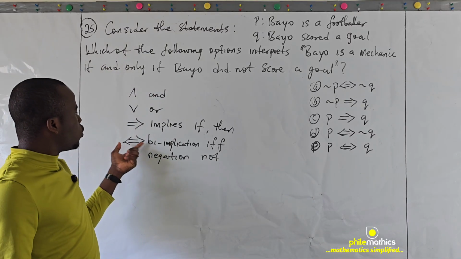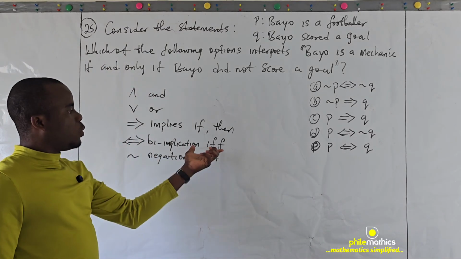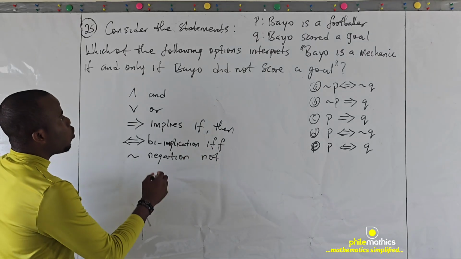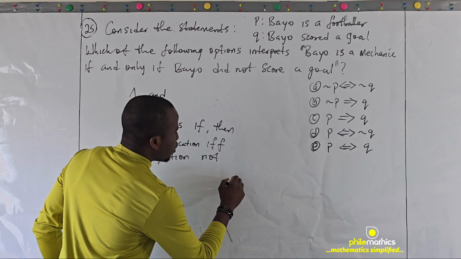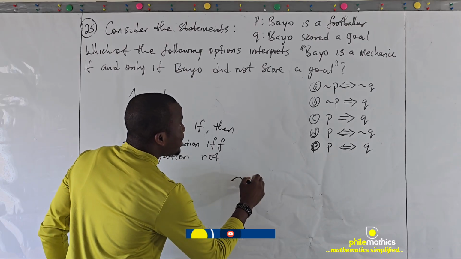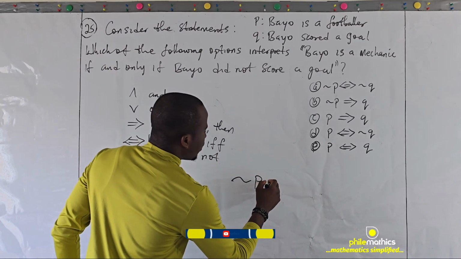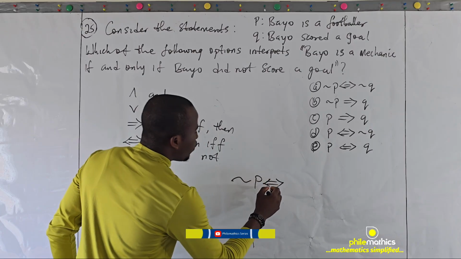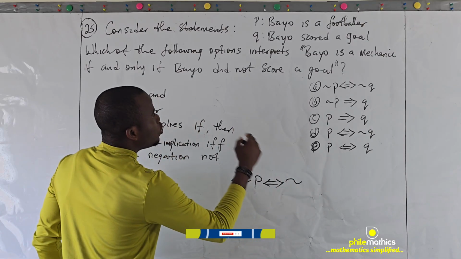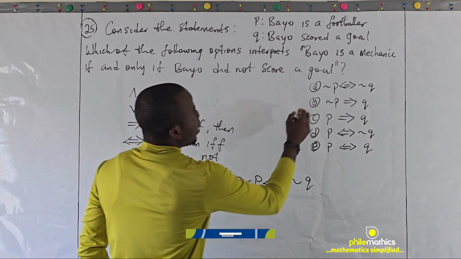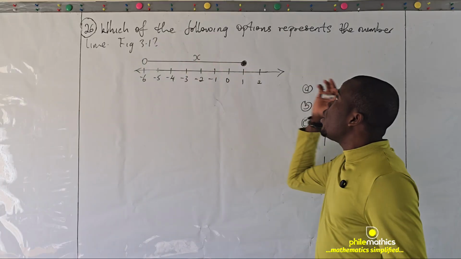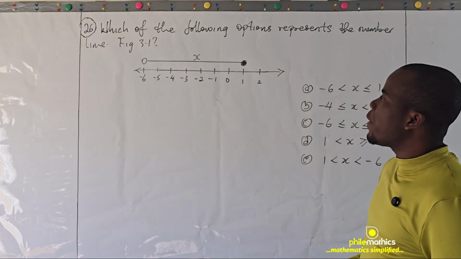It's just to use this symbol, which is if and only if. So Bayo is a mechanic if and only if Bayo did not score a goal. So this is how it's written.